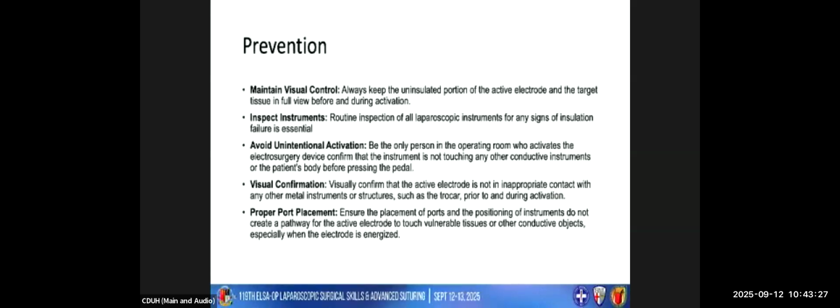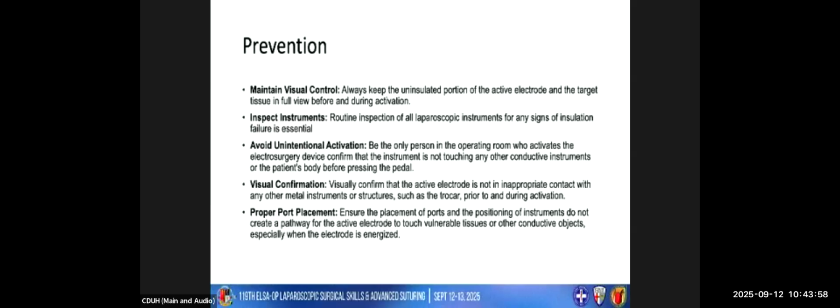To prevent this, maintain visual control. Always keep the insulated portion of the active electrode and the target tissue in full view before and during activation. Inspect the instruments. Routinely inspect all laparoscopic instruments for any signs of insulation failure. Avoid unintentional activation. Be the only person in the operating room who activates the electrosurgery device.